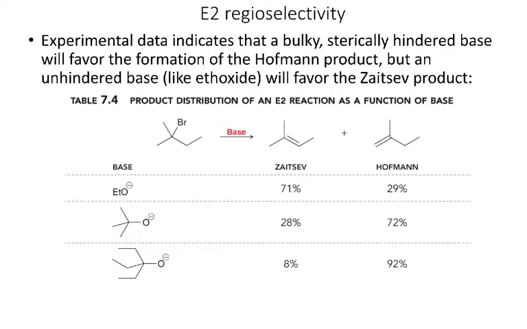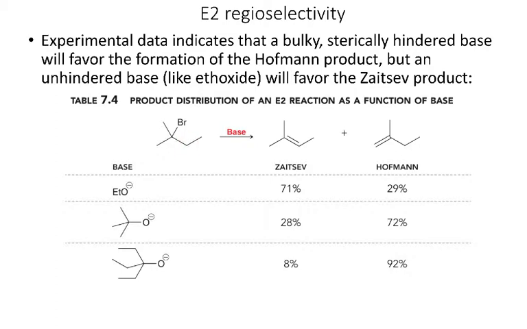Now, it is possible to get the Hofmann product, the less substituted product, and we can do that by using bulkier bases. So this ethoxide ion just has an ethyl group, 2 carbons here. It's not particularly big, and so it can get into the more substituted beta carbon here easier.